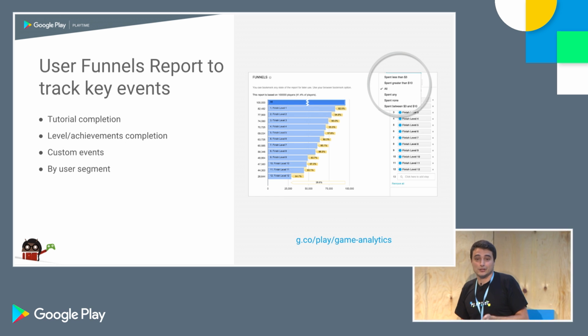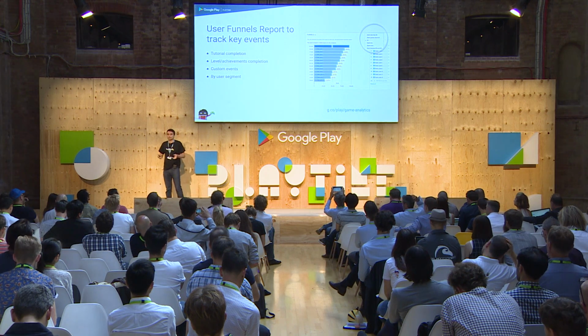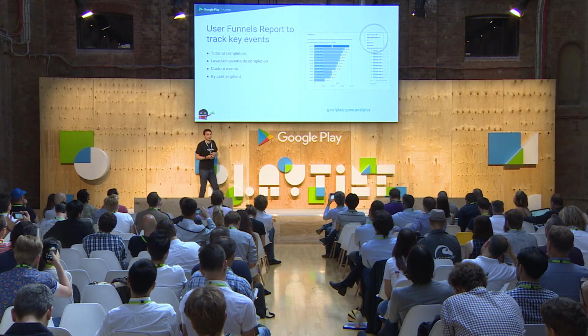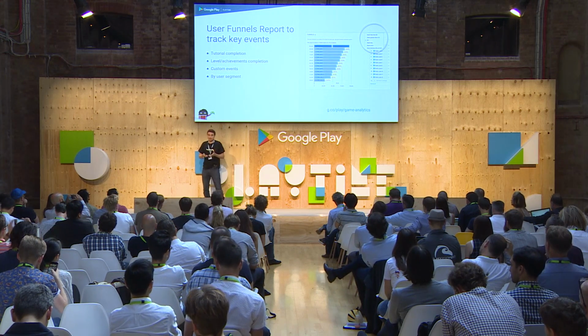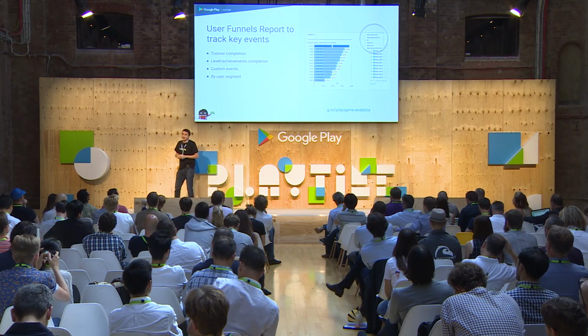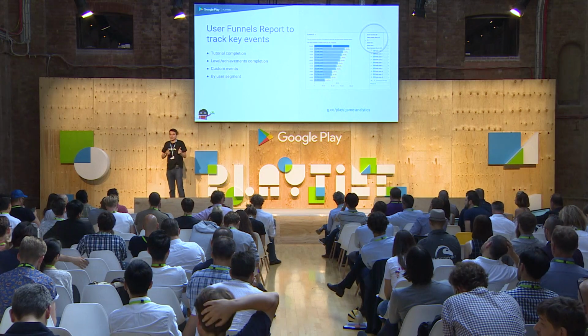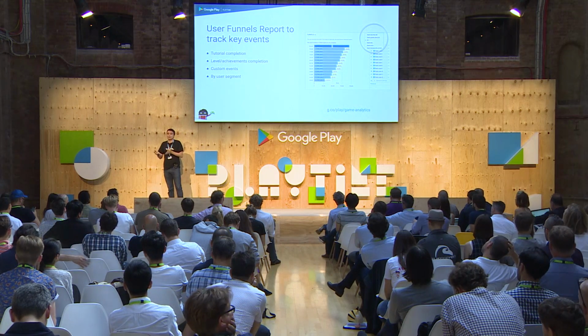So that's, again, very powerful overall for your game to find friction points and roadblocks that you can improve and get rid of. But again, this is much more useful when you start filtering it by different types of users, because you can understand what users have problems in your game and what types of problems they have depending on which group they belong to.